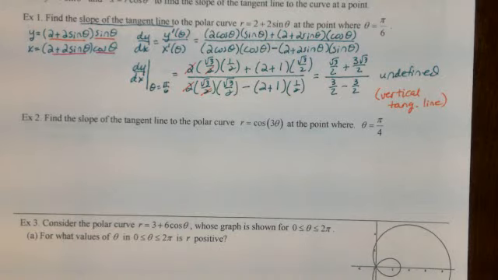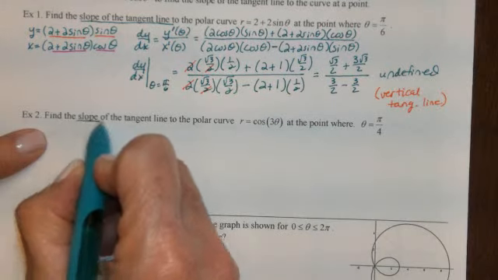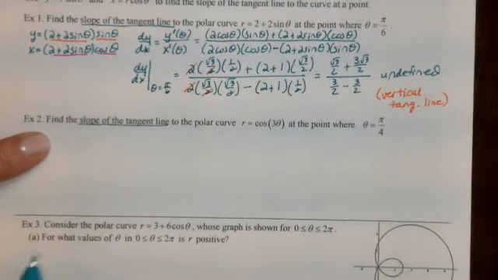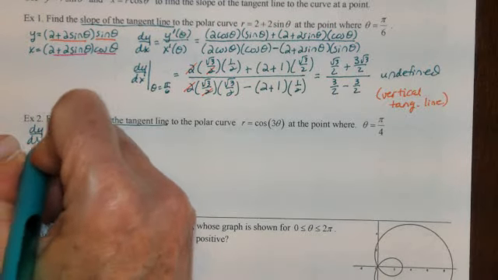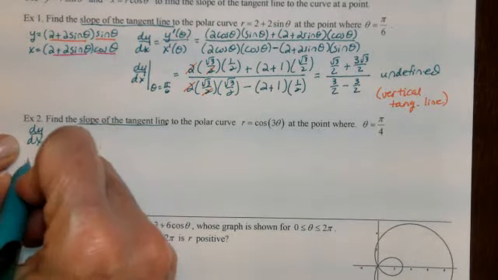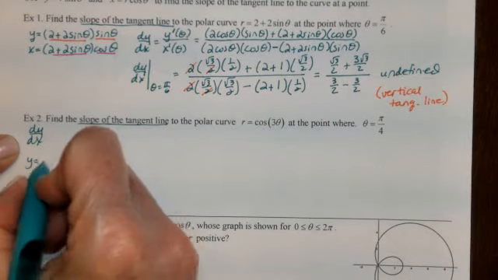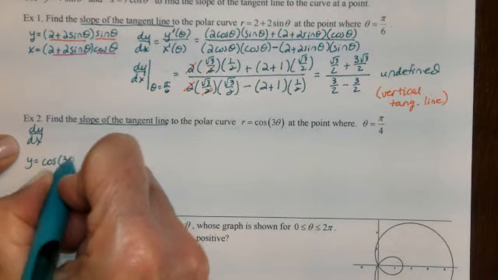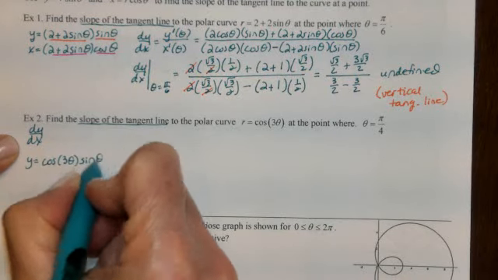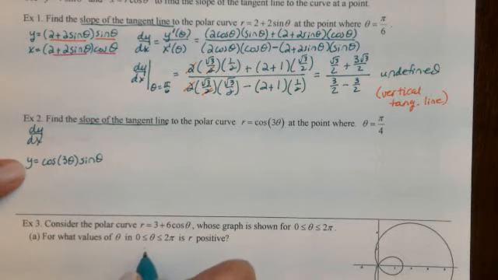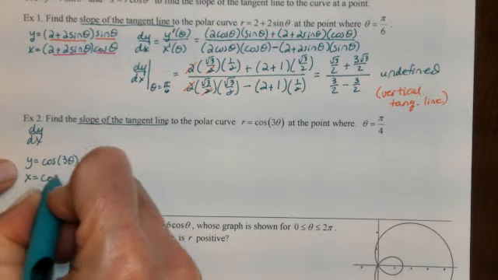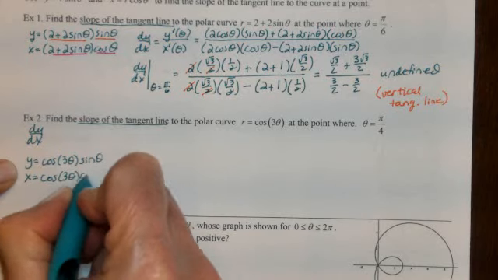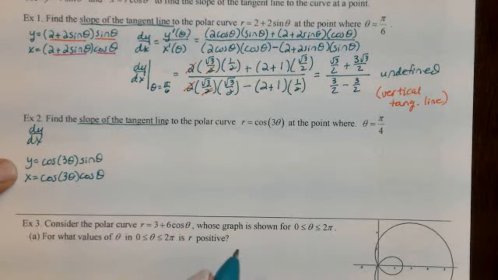So, think to yourself, I need the slope of the tangent line. That has to be dy/dx. How can I find dy/dx? Well, y is equal to r sine theta every time. x is equal to r cosine theta every time.